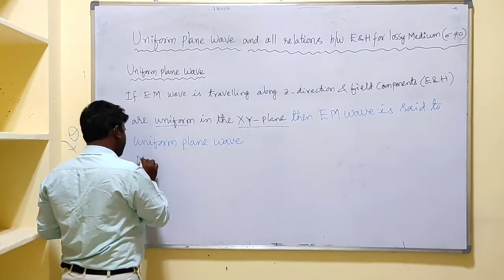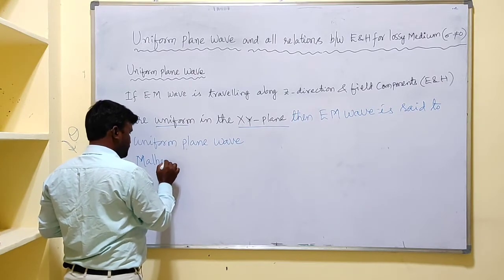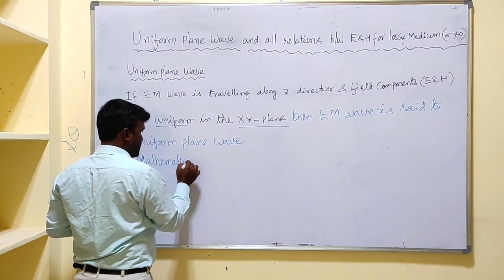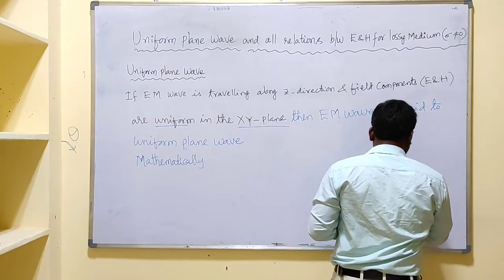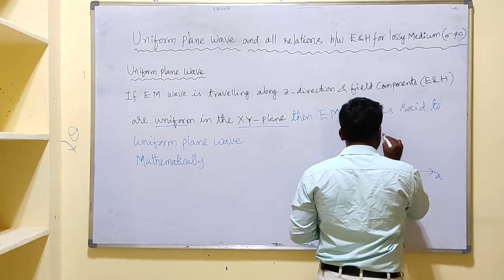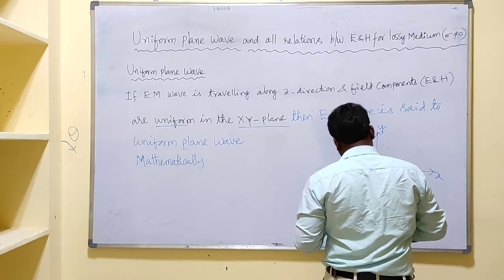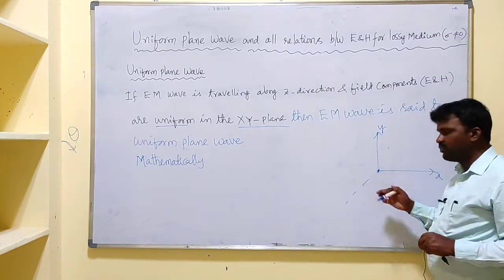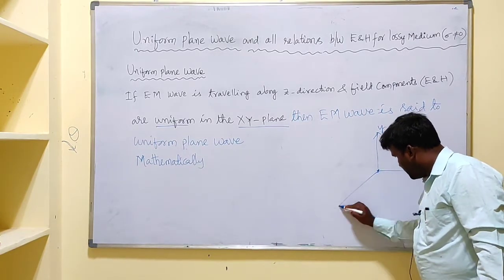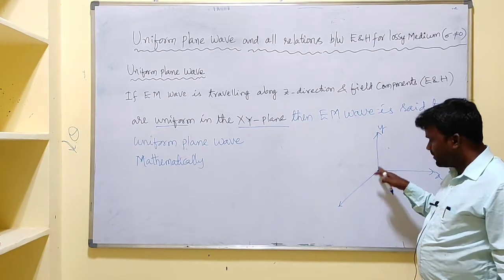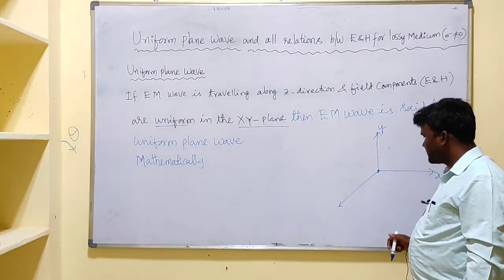Mathematically, okay, let us take like this, that is x axis, y axis, and our z. Of course z may be into the board or out of the board. For the visibility I have taken z. Basically assume this z is perpendicular to x and y.